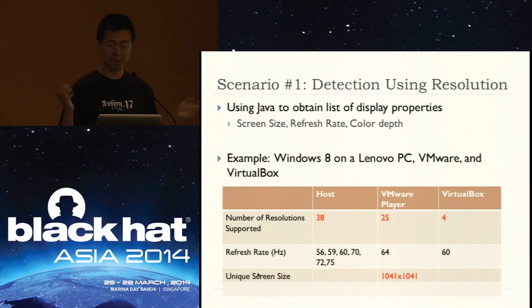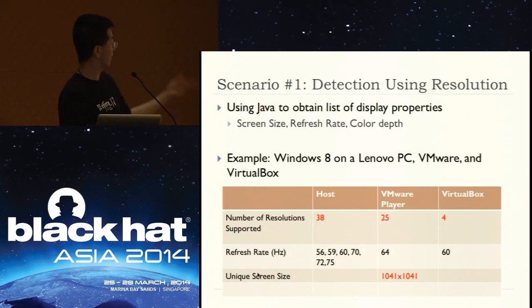The reason you have all this is that the developers of these hypervisors need to implement this virtual display card, and they lack the motivation and the effort to test all the combinations of the display. On the other hand, for a physical box with a display card, the vendor actually tries to make sure you support all kinds of resolution.